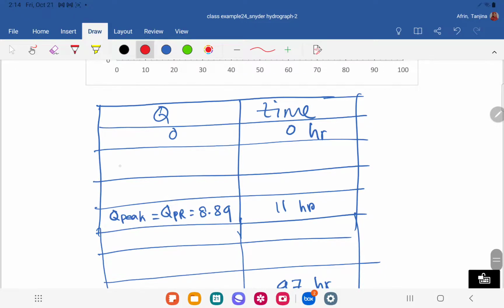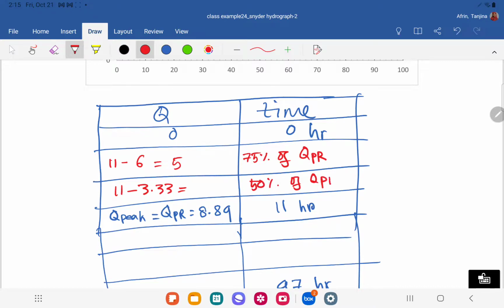So if I say 11 minus 6, which is 5, this one will be 75% of QPR. Okay, and this one will be 11 minus 3.33, which is something, 50% of QPR.